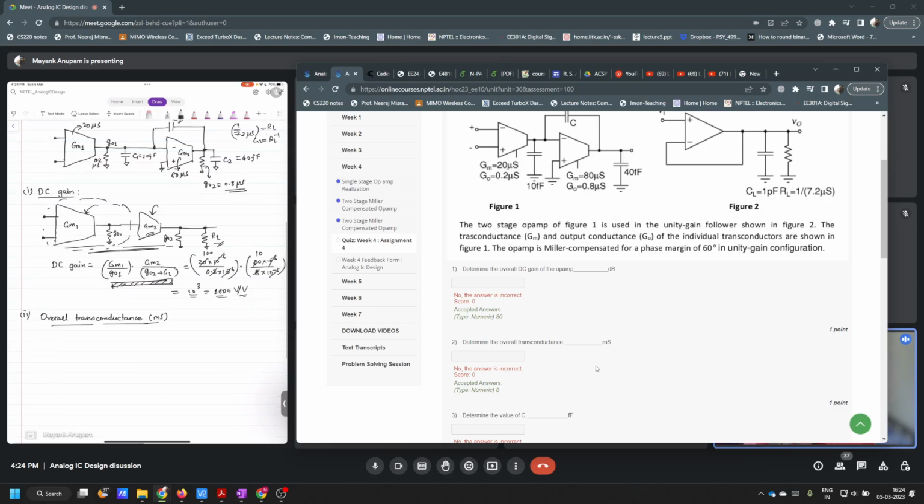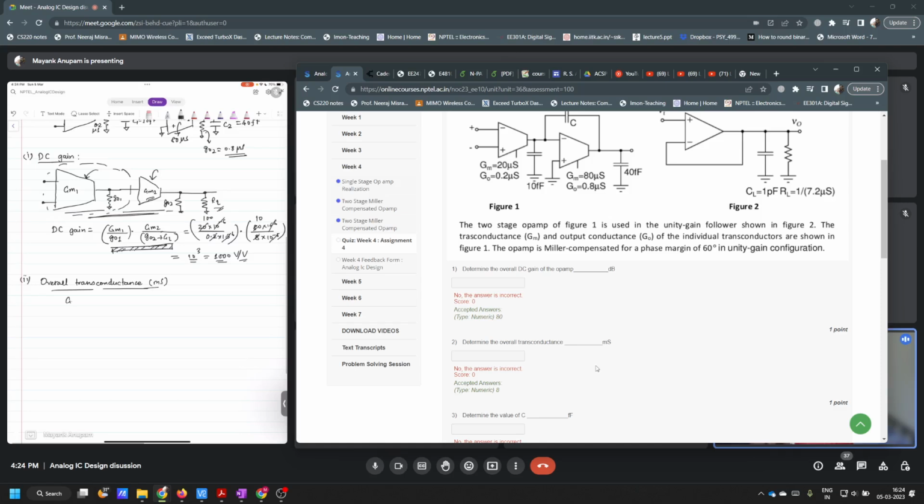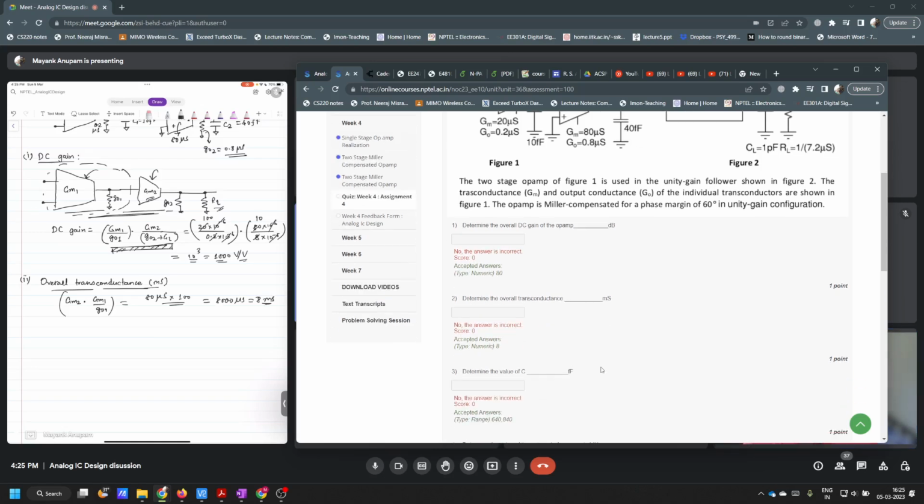That is why the overall transconductance is simply GM2 into GM1 by GO1. And what is that? This is 80 micro into 100, right? And what will it be? 8000 micro, which is simply 8 millisiemens. So is that correct? Yes, 8 millisiemens.